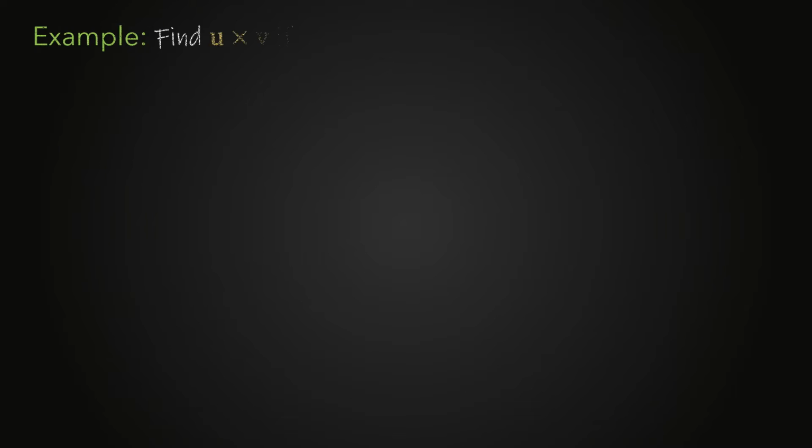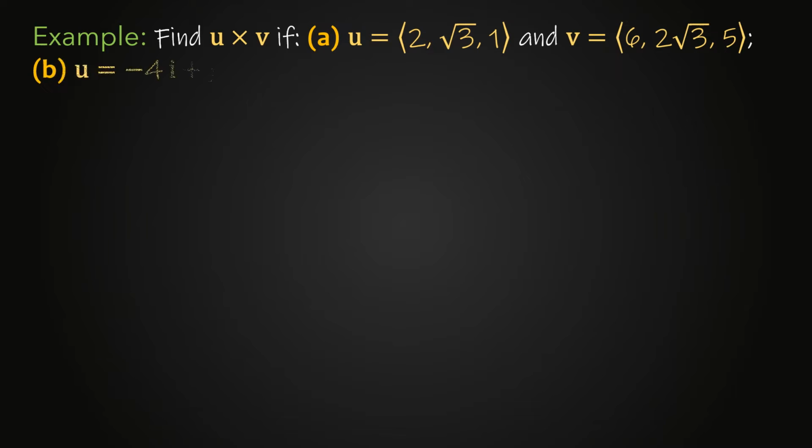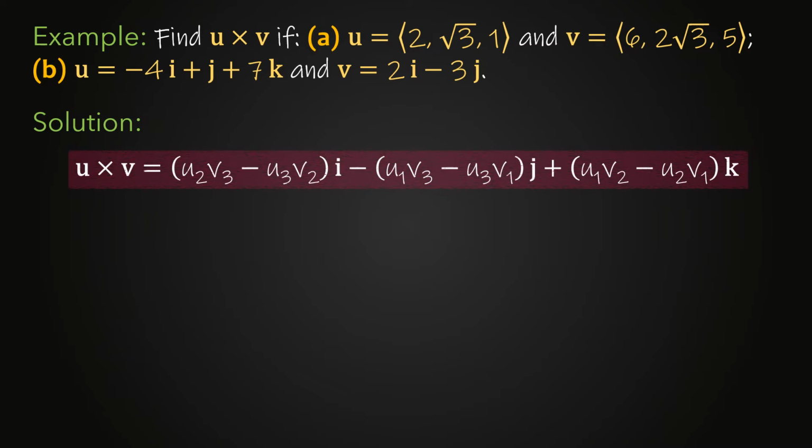Example: find the cross product of two vectors if they have the following values. Solution: the cross product of two vectors can be calculated by using the following equation.